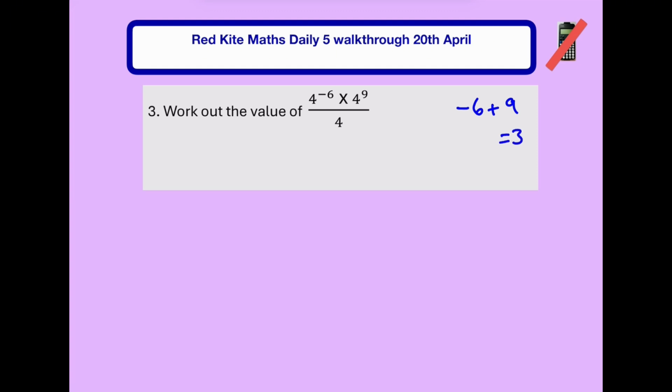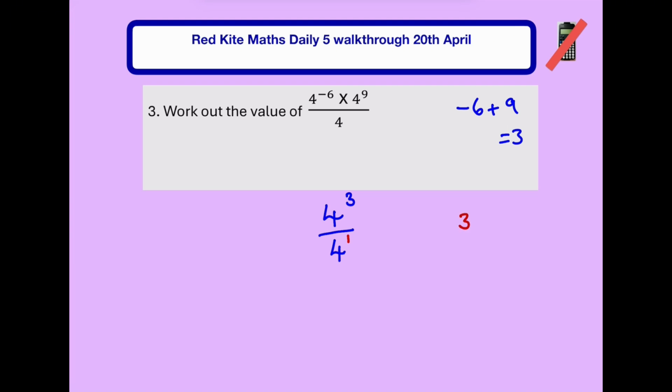So our top is now 4 to the power of 3 divided by 4. Now, this 4 actually means 4 to the power of 1. When we times, we are adding our powers, but when we divide, we take away our powers.